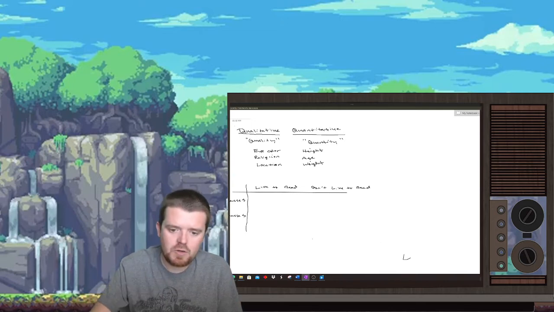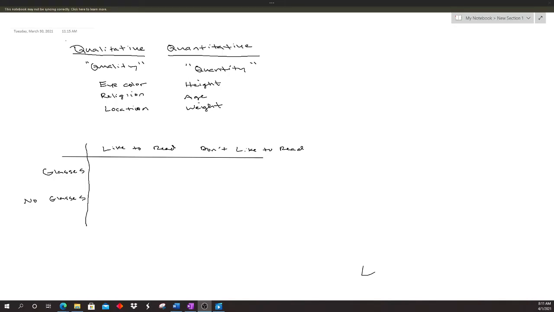Now, with the two-way frequency table, and we can zoom in here a little bit, you'll also always have a total at the end of each row and column. So you'll have a total here going along the top, and you'll have a total here going along the side.